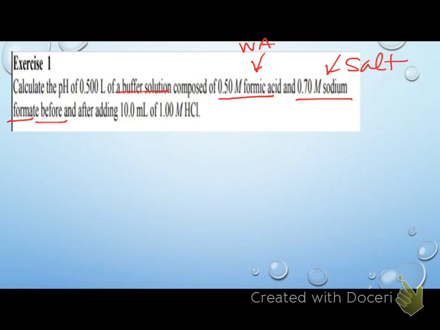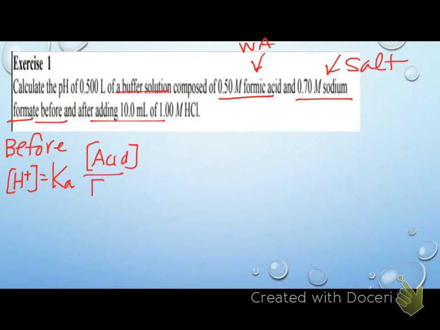So we want to know before and after. Before, we're simply going to use our nice little equation I gave you. The hydrogen concentration is equal to the Ka times the concentration of the acid over the base. If we know that this is our acid, what does our salt have to act as? So they gave us Ka, did they?